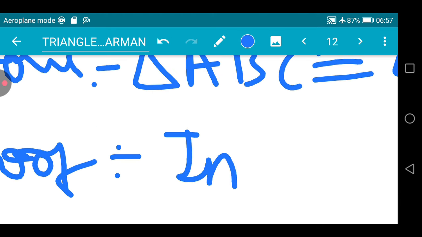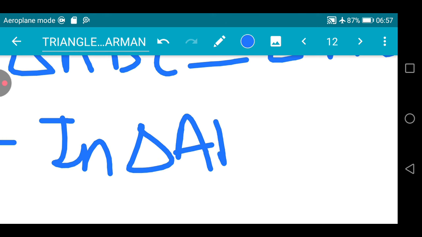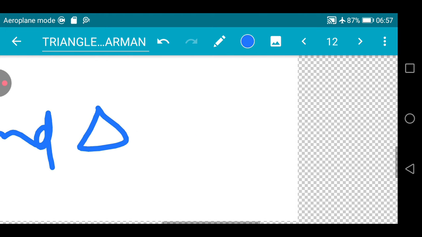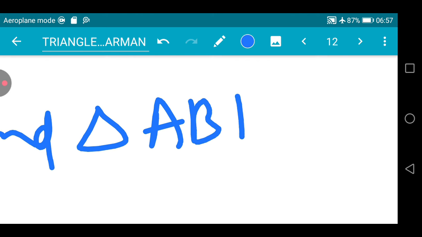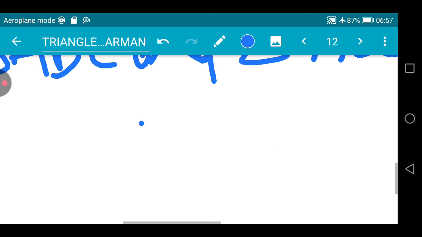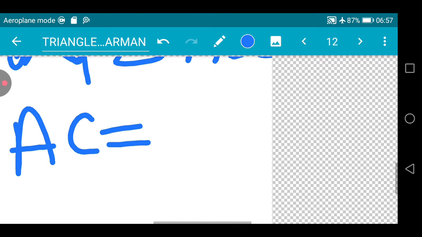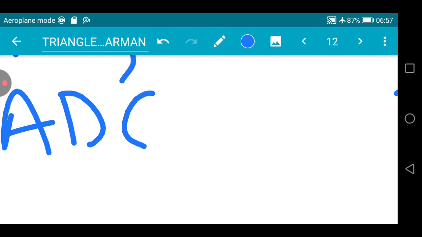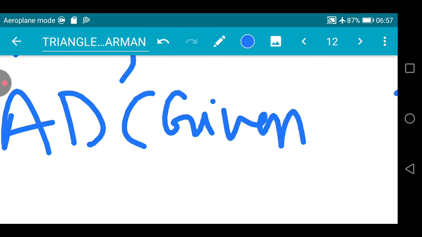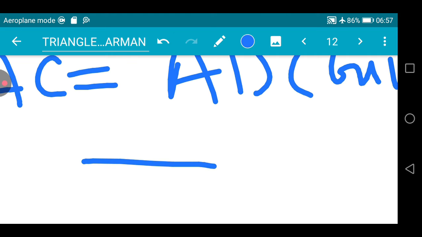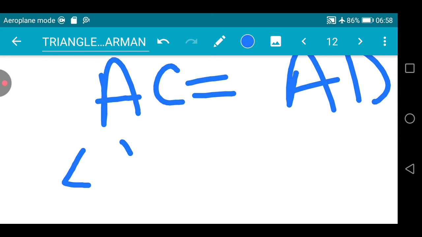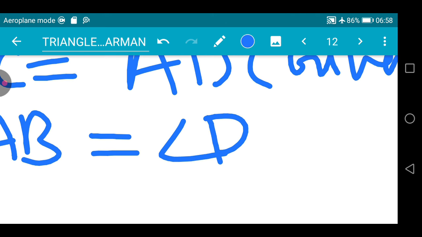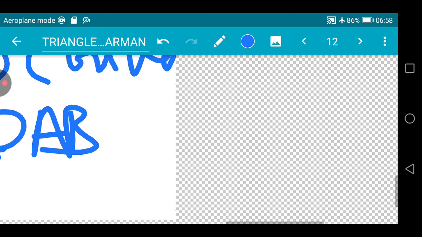In triangle ABC and triangle ABD, what you can write? AC equal to AD, it's given. What thing is also given? Angle CAB will be equal to angle DAB, given.